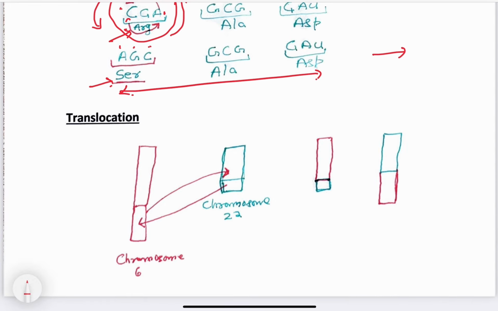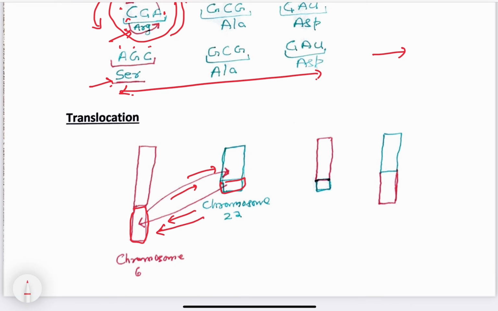Translocation occurs when a set of chromosomes exchange their genes, in this format. This particular section goes over here, and this particular section comes over here.